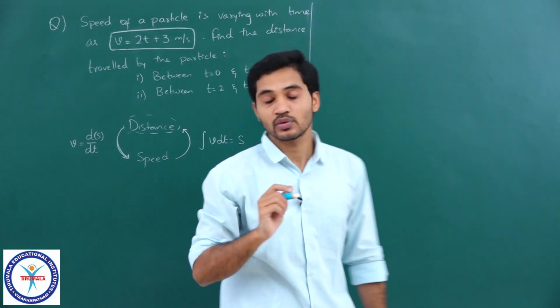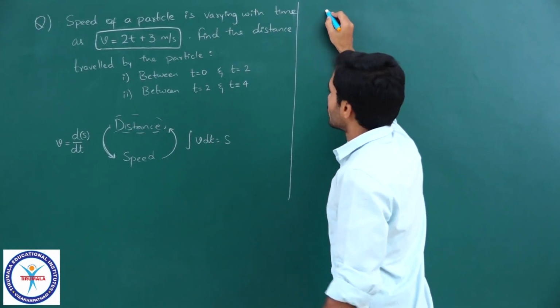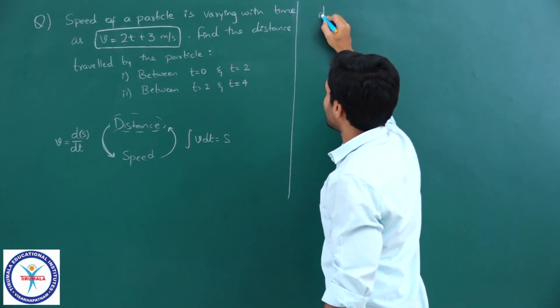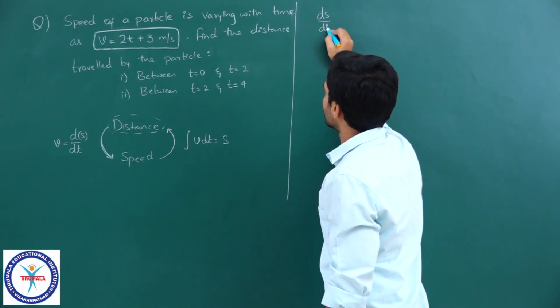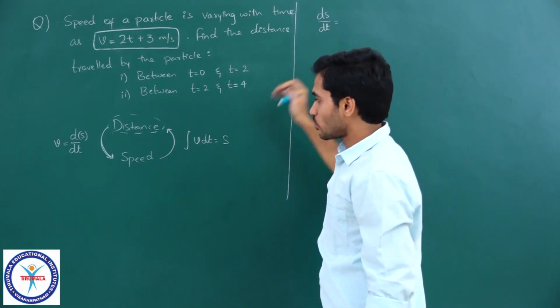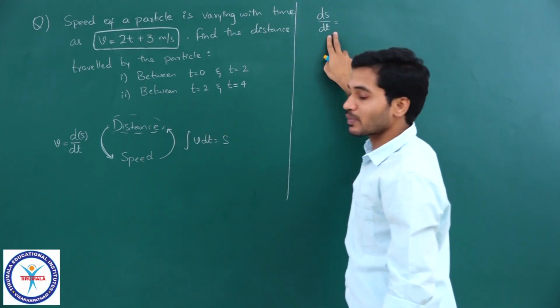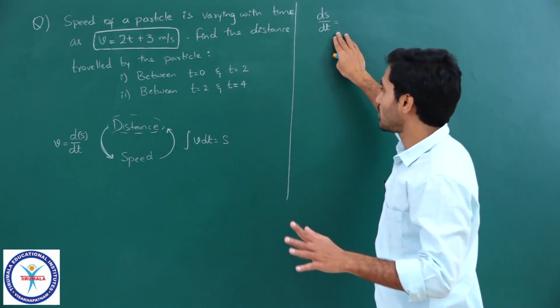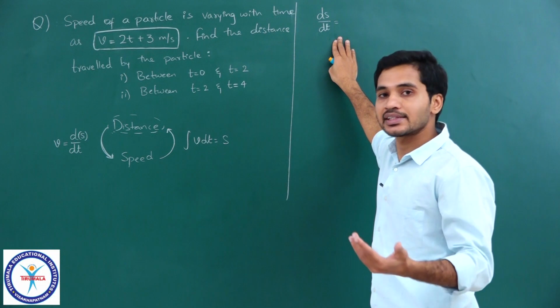They have given v = 2t + 3. You know that v can be written as ds by dt. Please observe this carefully. Whatever I have told you, I am going to explain in a slightly different manner so you can understand it even better.